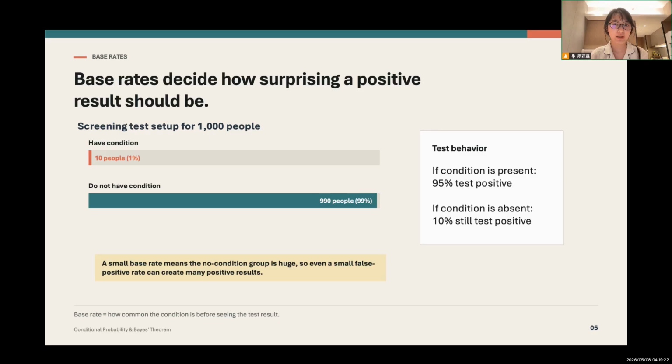The group without the condition is huge, 990 people. So even a 10% false positive rate can create many false positives. This is part of the problem. A positive result does not come only from people who truly have the condition. It can also come from people who do not have the condition but still test positive.